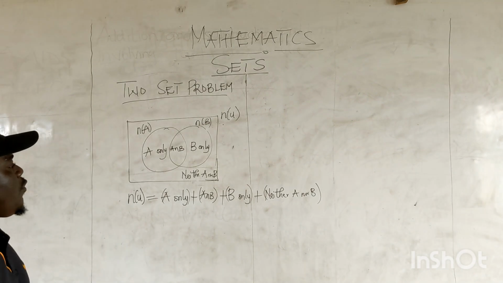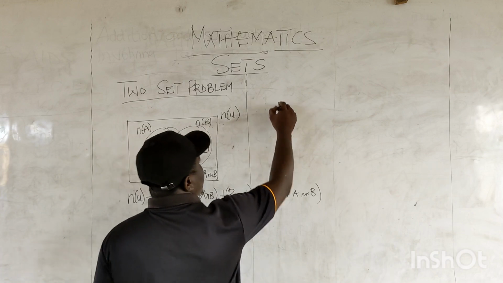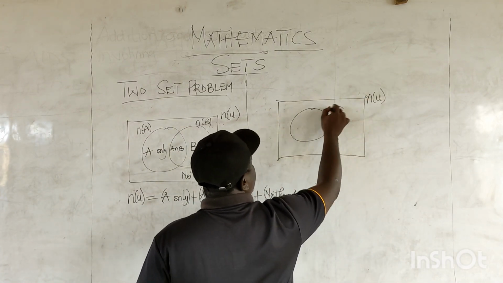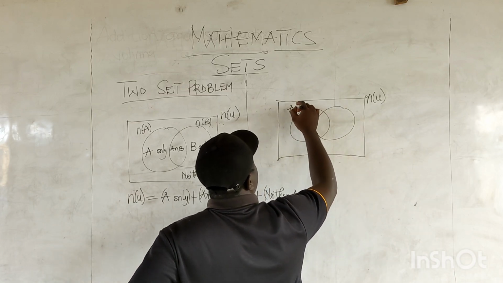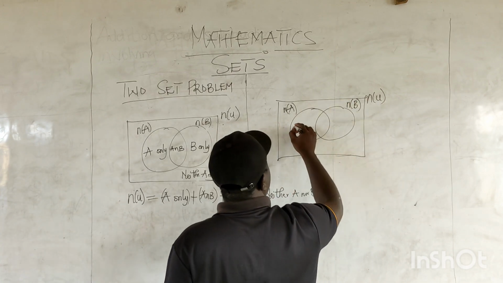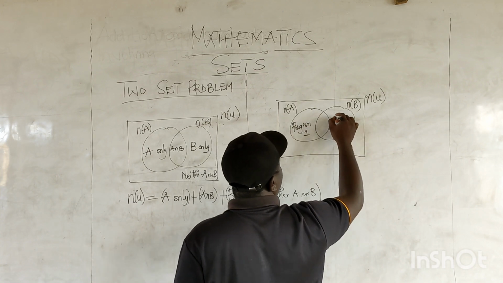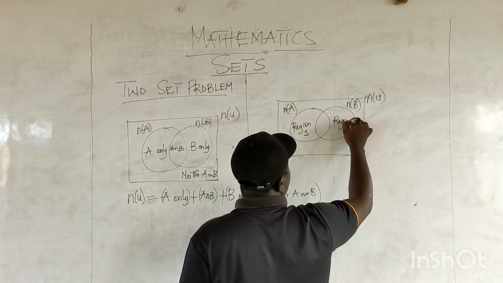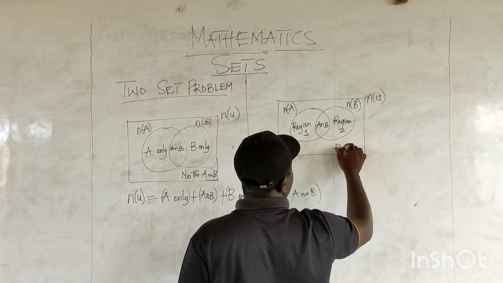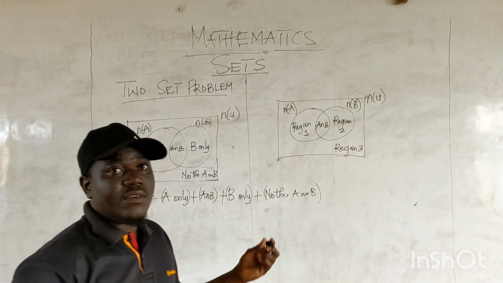Is that okay? Now, if we are to represent the regions with names, we have something like this: number of U, and 2 circles, number of A and number of B. We name this side region 1, region 2, and then this is A intersection B, and we can say this is region 3.